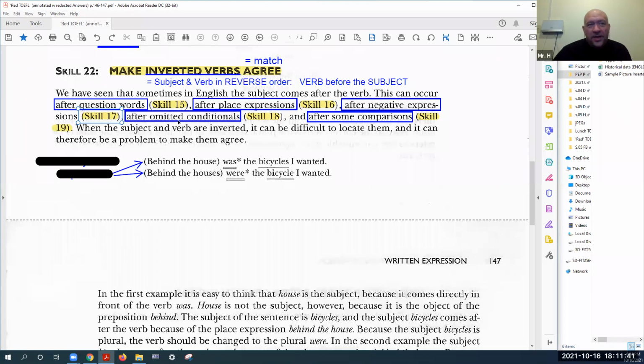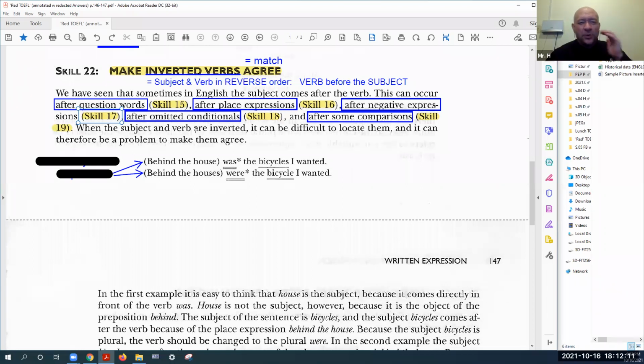After omitted conditionals. What is an omitted conditional? If he had, we can delete if and switch had and he. So when you remove the if connector, you switch, had he, for example.